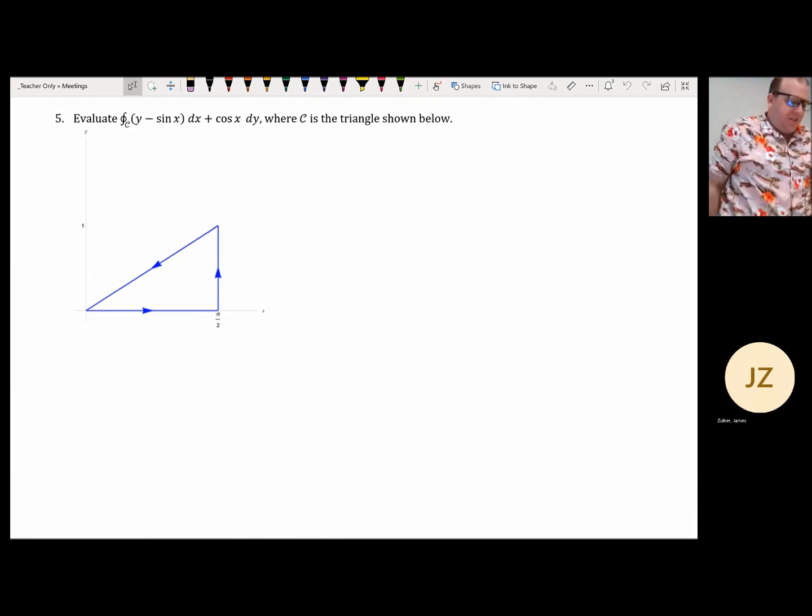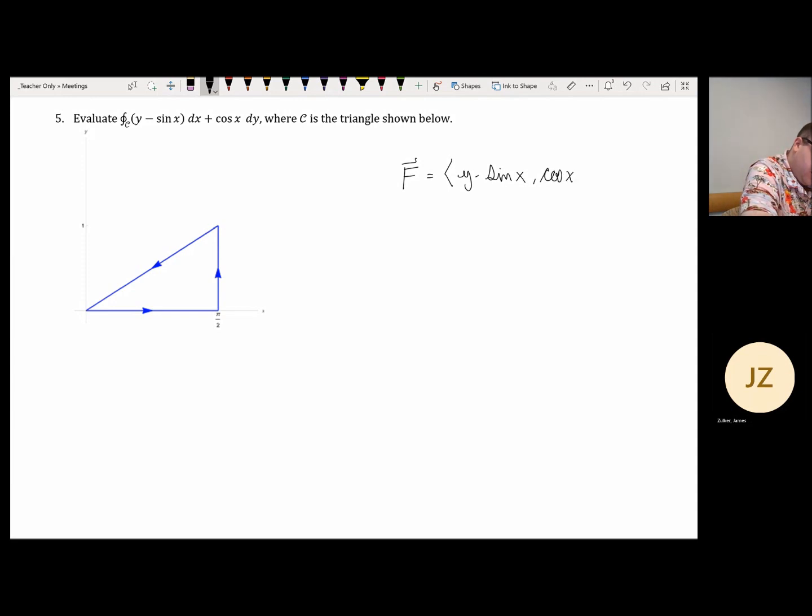Go ahead and evaluate this circulation. So look at that triangle. Look at that path. Is that a simple closed curve?